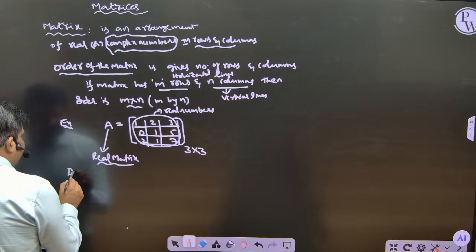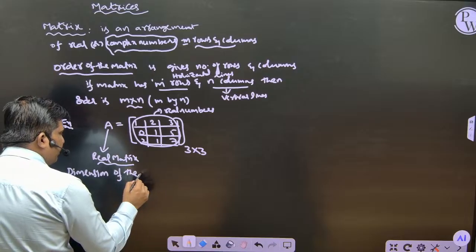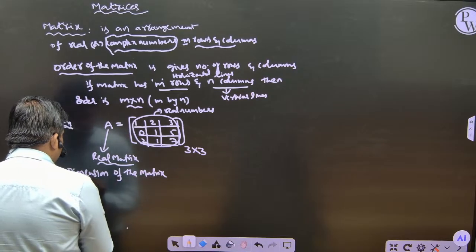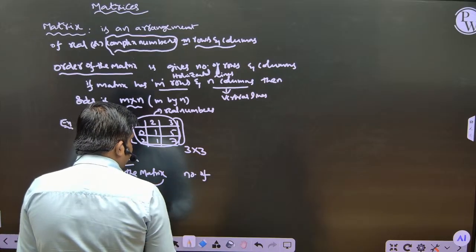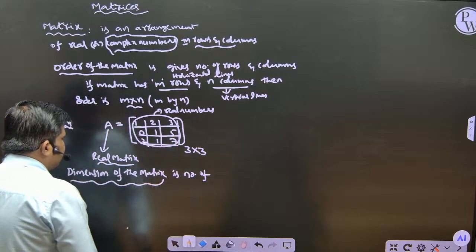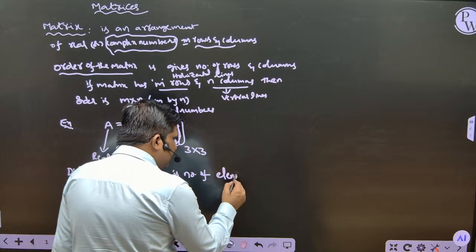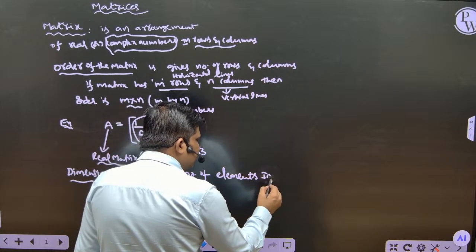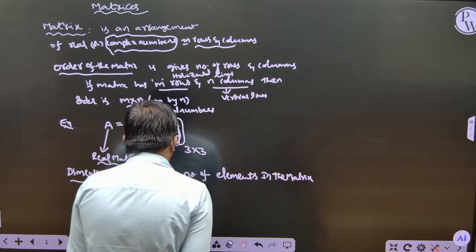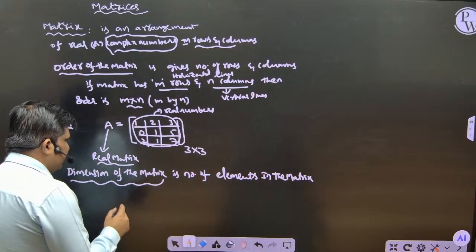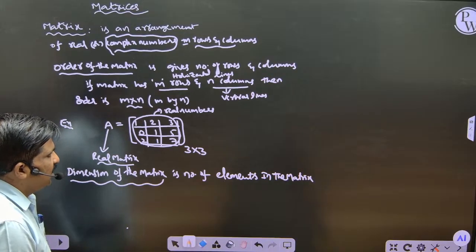Next, the dimension of the matrix. Dimension of the matrix is the number of elements in the matrix.